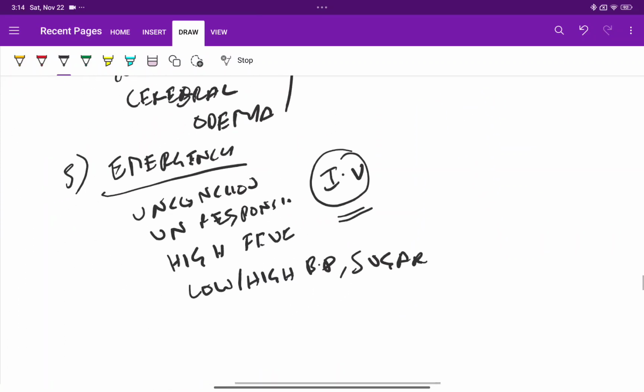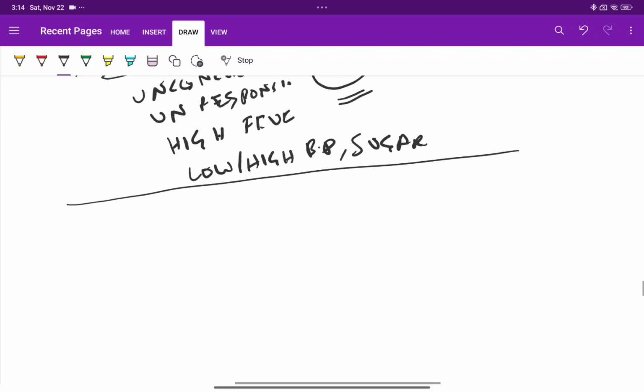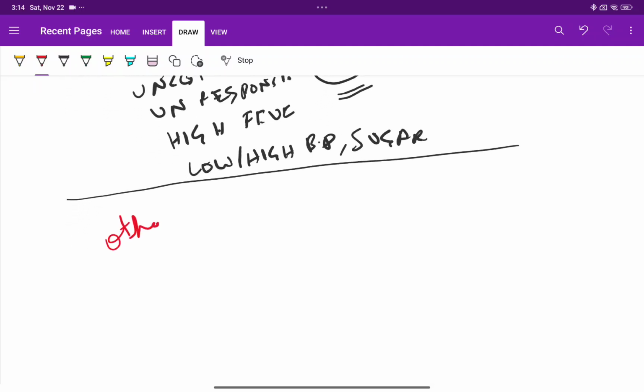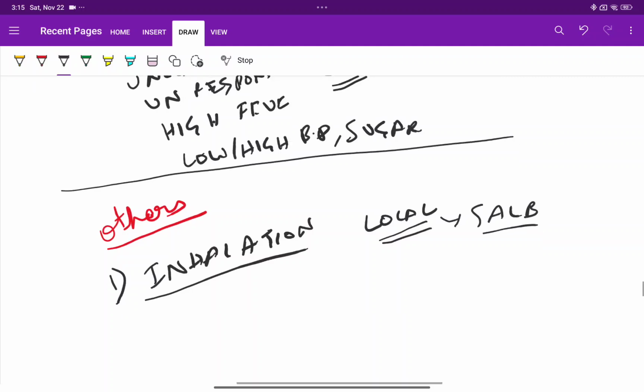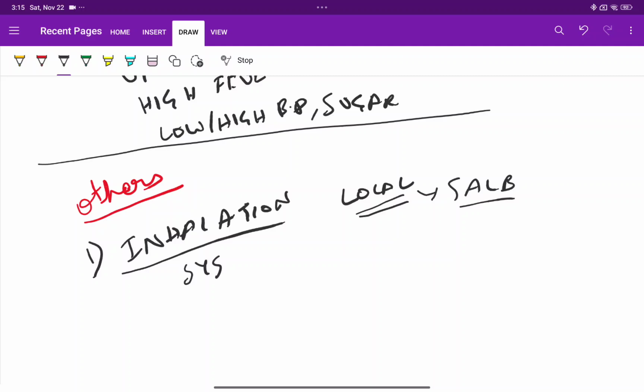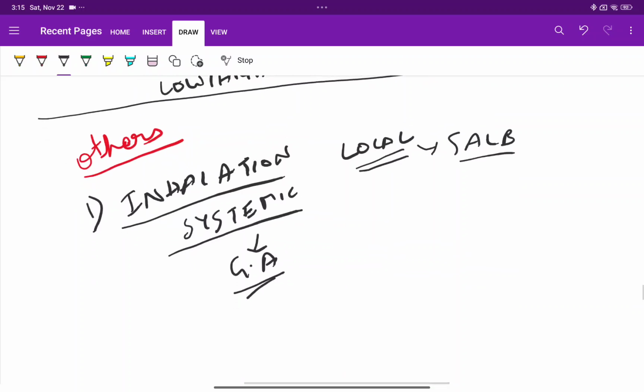These are the various routes of drug administration. Then there are few other routes of drug administration. Example, inhalational. We already saw about the local routes, like the salbutamol inhalation for the asthma. There is systemic, like general anesthesia given before the surgical procedures.